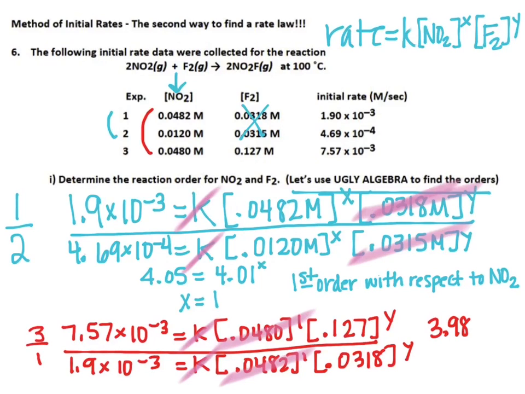And we're going to set that equal to 0.127 divided by 0.0318, 3.99. And that is to the y power. So what is y? 1. So this is, again, you've got to write first order with respect to F2.